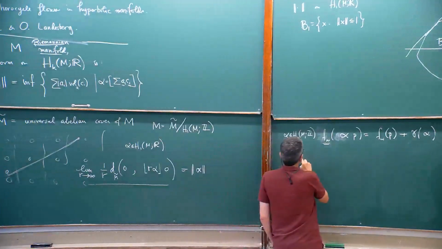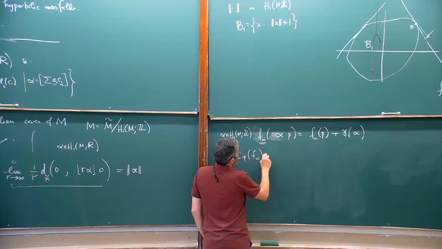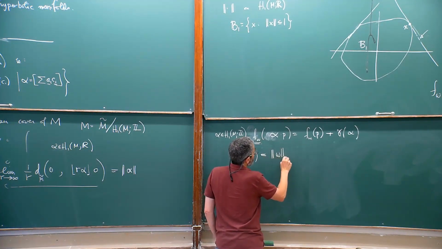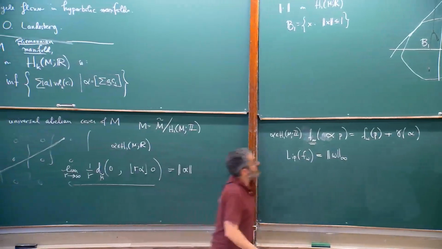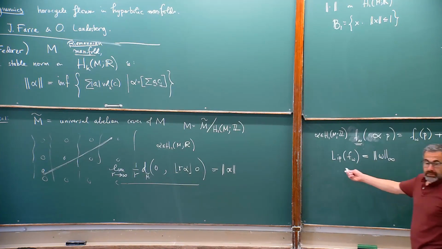The Lipschitz constant of f is the same as the L infinity norm of the 1 form that gave rise to it. In other words, the 1 form is just a derivative of the map f, and so if the derivative has some bound, then that's the Lipschitz bound of f.